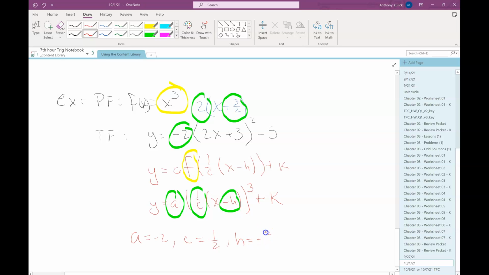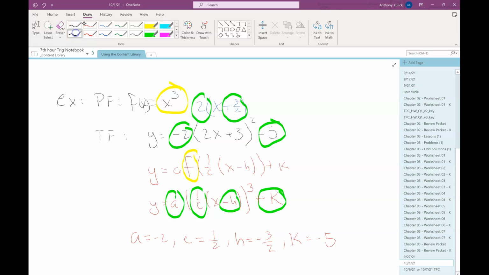Notice the signs in front of the h's are opposite, so the h has to be negative. And then my k is -5. Notice the signs in front of the k's are opposite. Everybody okay there?